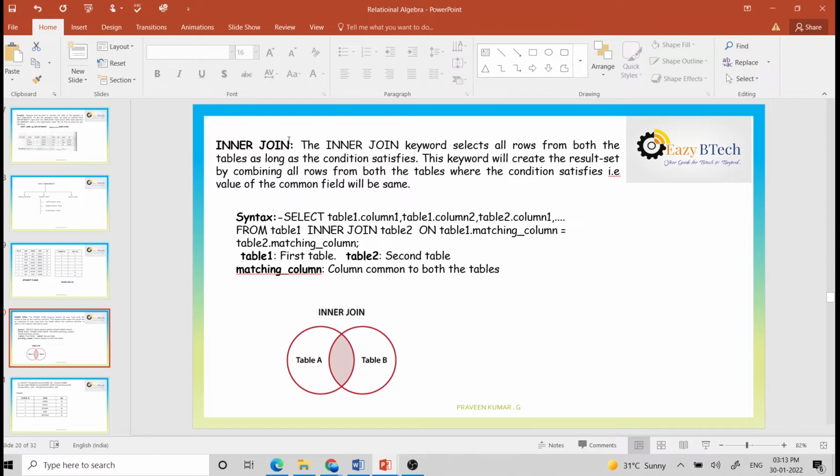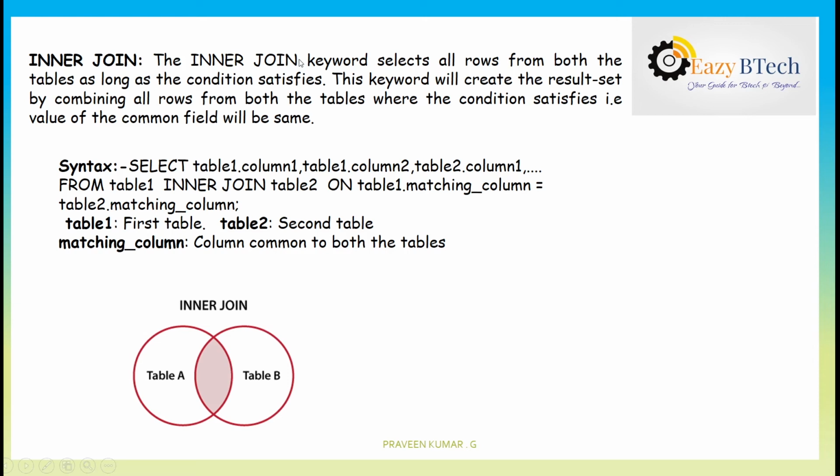First, inner join. What is inner join? The inner join keyword selects all the rows from both tables, as long as the condition is satisfied.